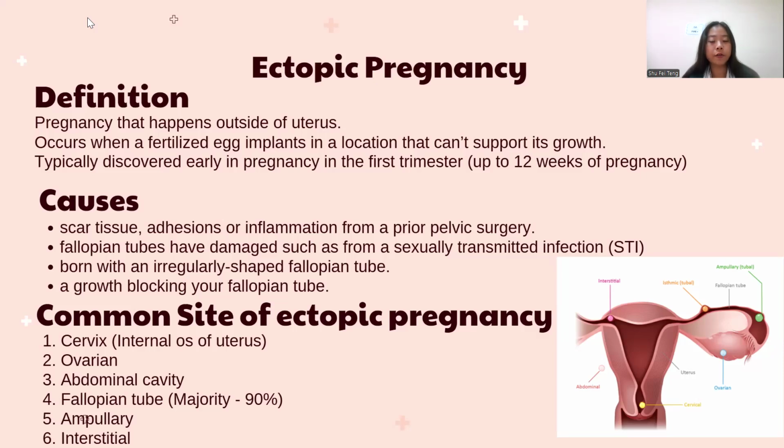These four factors can cause an ectopic pregnancy to happen. So there are 6 common sites of ectopic pregnancy, which are cervix, ovarian, abdominal cavity, fallopian tube, ampullary, and interstitial. The fallopian tube is the most common place for an ectopic pregnancy to happen.